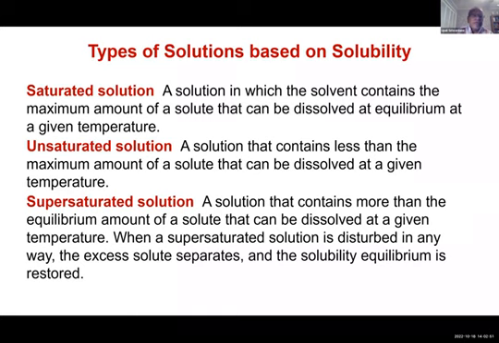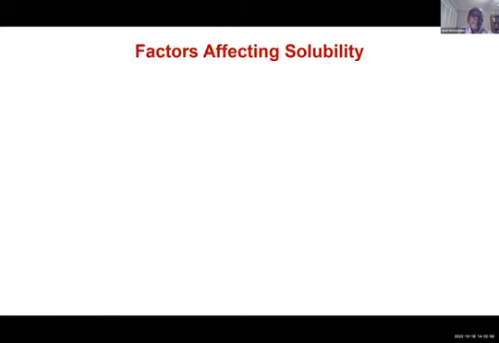So supersaturated, saturated, unsaturated, you should know the idea behind them. Now what really affects the solubility, which means the mixing of a solute in a solvent, what factors affect it? One of the most important factors is their chemical nature.